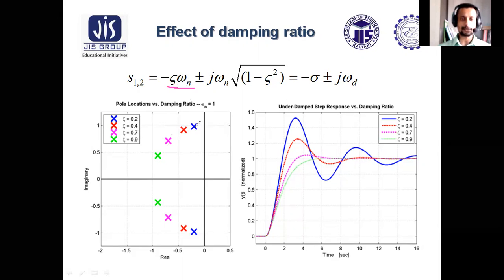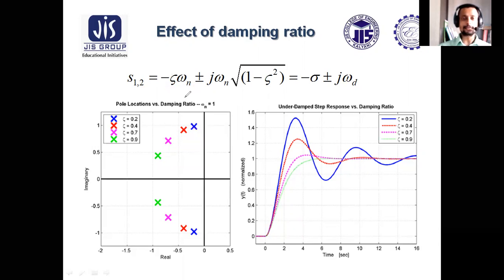So let us first consider these real parts. See, as zeta increases, the real part location of poles will be increasing. That means poles will be shifted away from the origin, or away from the imaginary axis. So the real part will be increased.